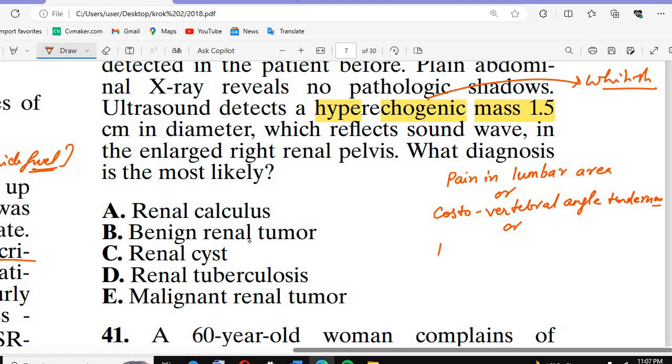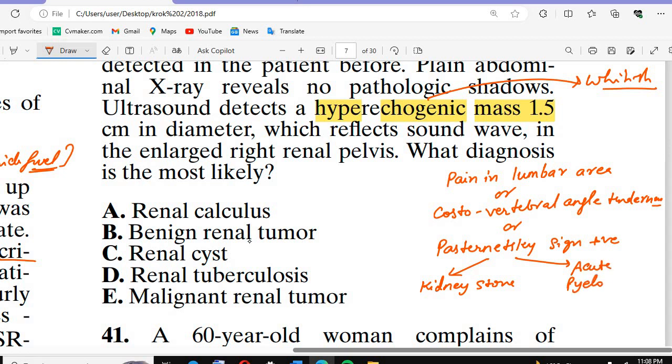We call this sign the Pasternatsky sign, and if this sign is positive, it is seen in the case of kidney stone. And we know the Pasternatsky sign, where we studied, yes, that is right, acute pyelonephritis.